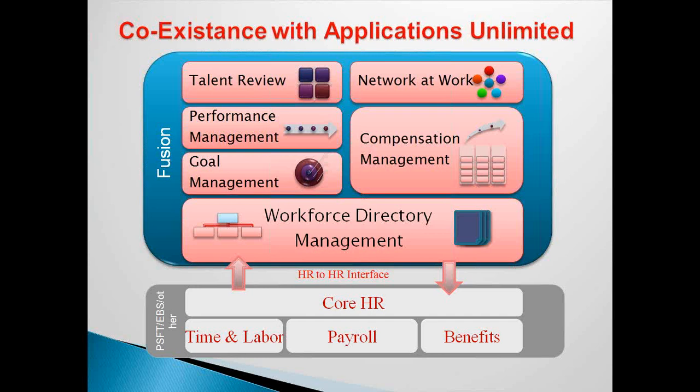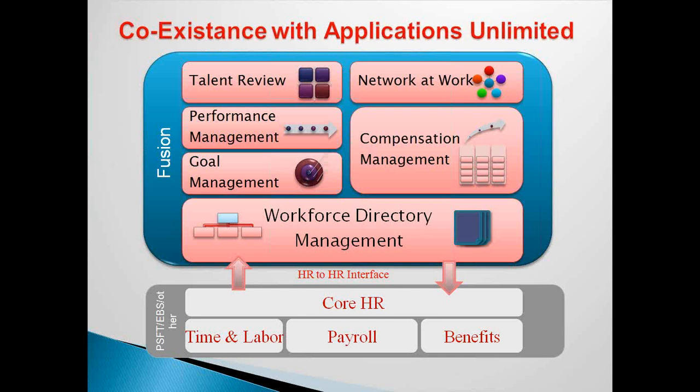And when we talk about the coexistence, what are all the applications available as the coexistence model? It's not that every application within the Fusion is offered as a coexistence. So there are some restrictions. If you look at this figure, you can see a particular customer may be having core HR applications of PeopleSoft or eBusiness. Along with that, they may be having time and labor, payroll, benefits, etc. But only thing they don't have right now is compensation management.